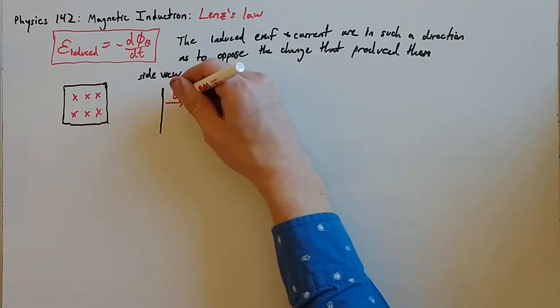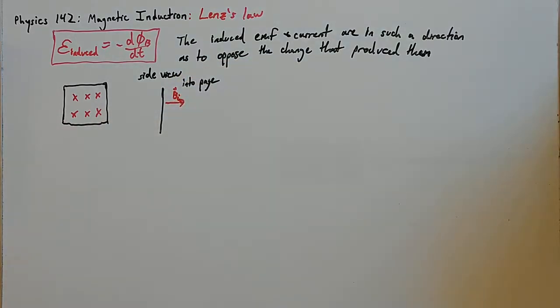I'm going to call that B_I, for B initial. That's the initial magnetic field. In this configuration, the first thing to think about is, do we have any current flowing in the wire? The answer is no. If you just have constant magnetic field, no current is going to flow in the wire.